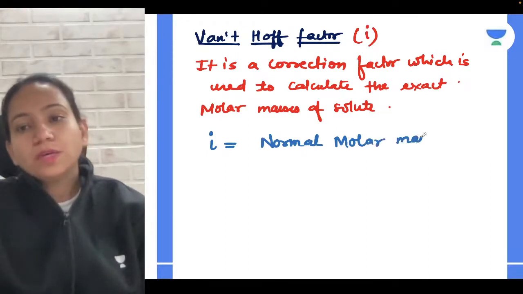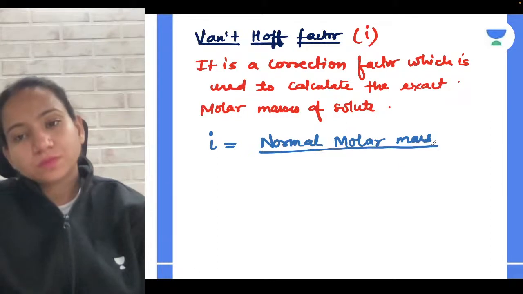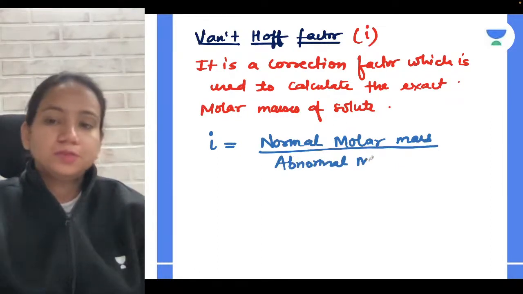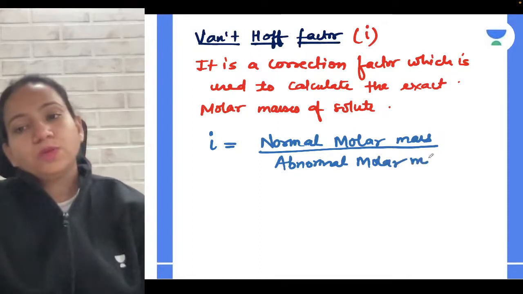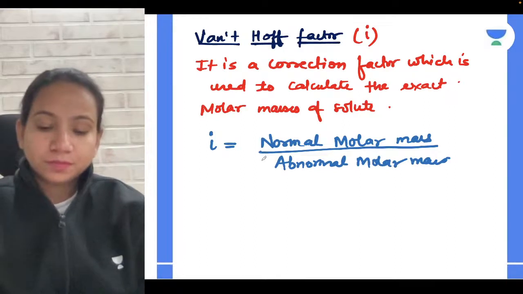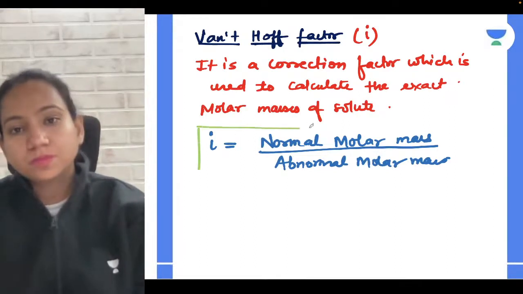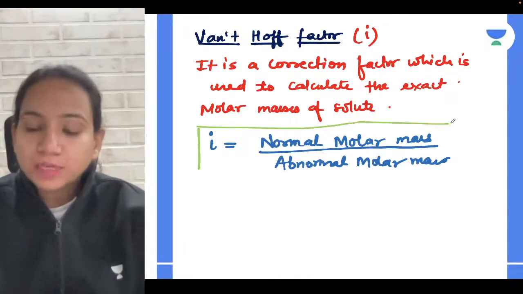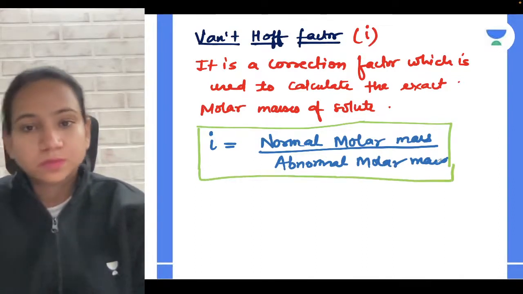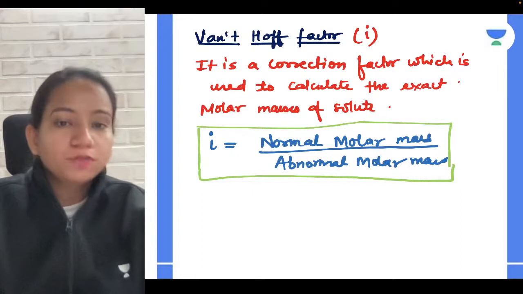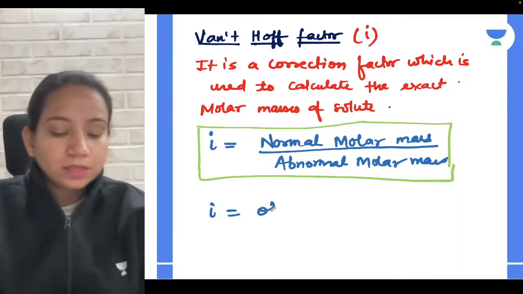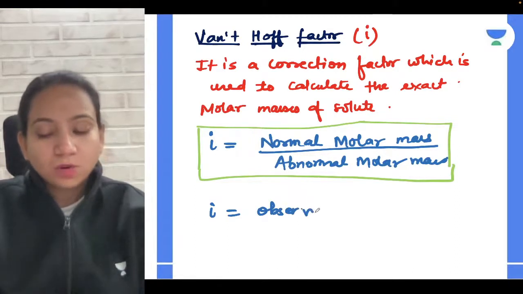So normal molar mass divided by abnormal molar mass gives you the Van't Hoff factor. Another way by which you can calculate i is observed colligative property divided by calculated colligative property.